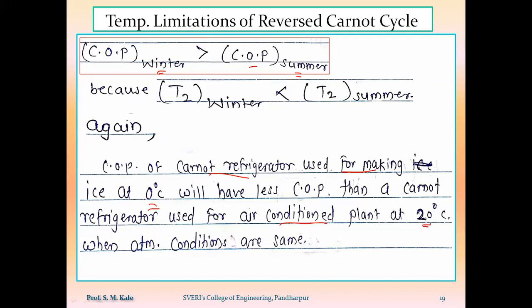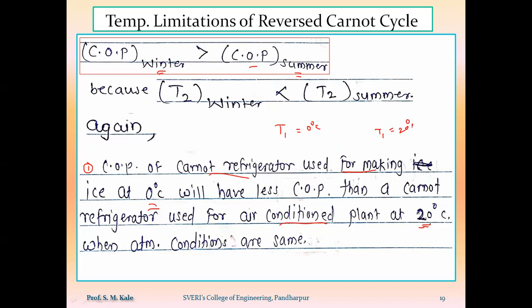So here, in the first application, the Carnot refrigerator used for making ice, the value of T1 is equal to 0 degree centigrade. And in the second application, we are using that refrigerator for obtaining 20 degree centigrade. That means the value of T1 is 20 degree centigrade.